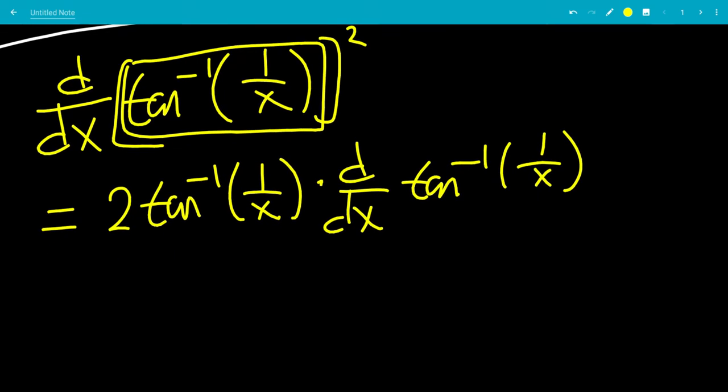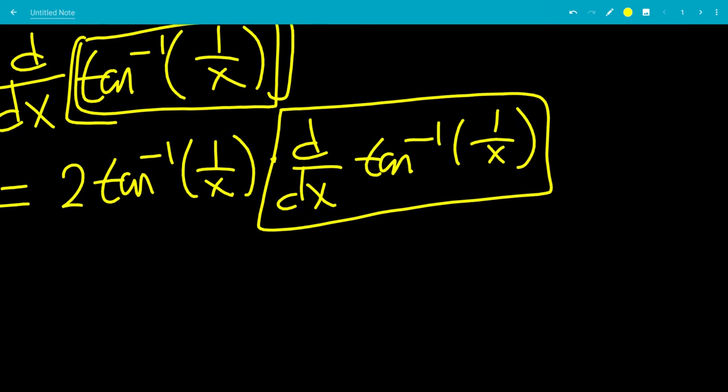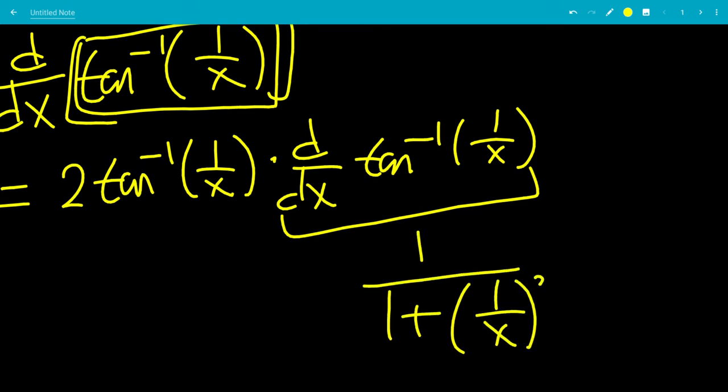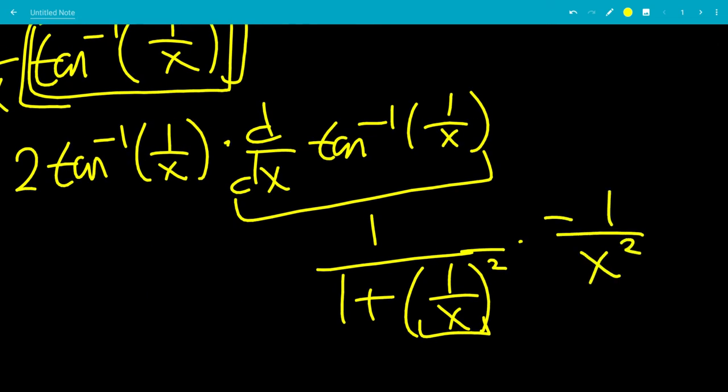Okay, so how do we do this? So the derivative of the inverse tangent of u is 1 over 1 plus u squared times the derivative of the inside again. So that would be negative 1 over x squared.